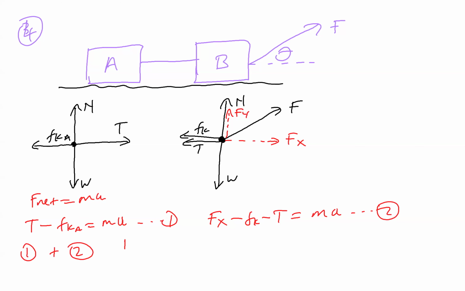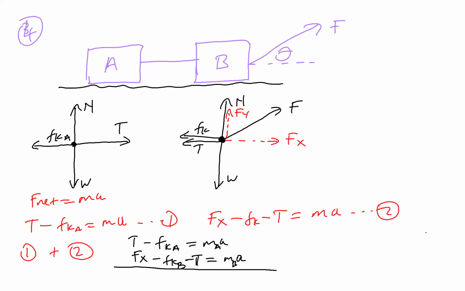So let me just have the equations here and show you how we deal with this. T minus Fka is equal to Ma. Fx minus Fk minus T is equal to Ma. Of course, this one is Mb, FkB. So when we add the two equations, check, tension and tension will cancel out. Can you see that?